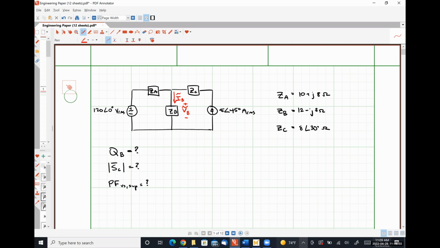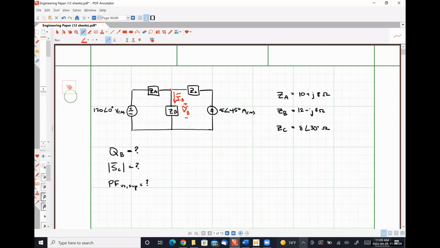A source transformation on the left-hand side could be used in another way to calculate IB in 1 to 2 steps, but I think solving for VB directly by applying KCL is probably the easiest way to get one of those two quantities. So we'll take Connor's suggestion and use that approach.